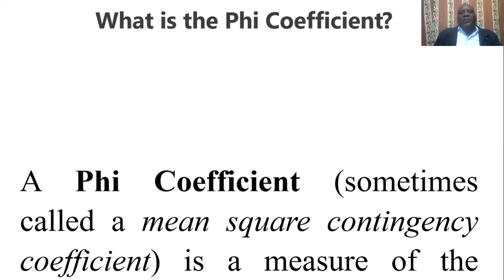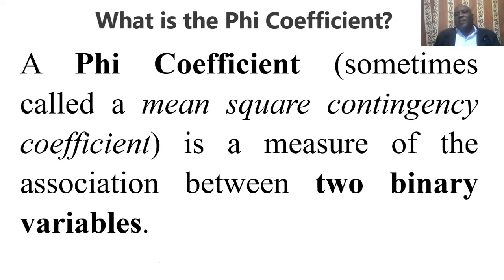The Phi coefficient, also called the mean square contingency coefficient, is a measure of association between two binary variables.